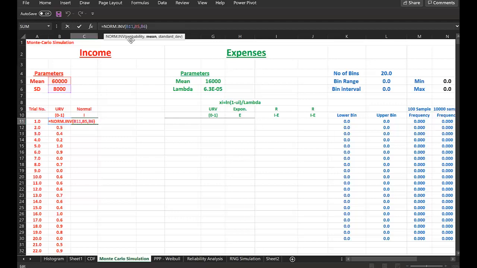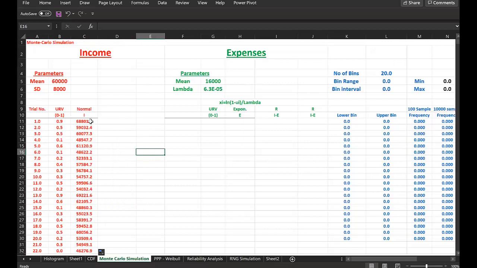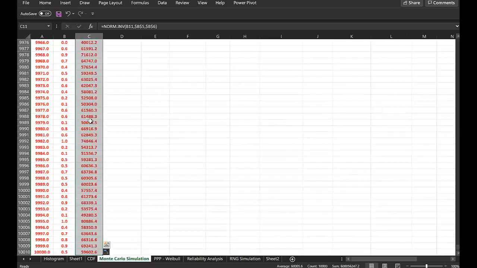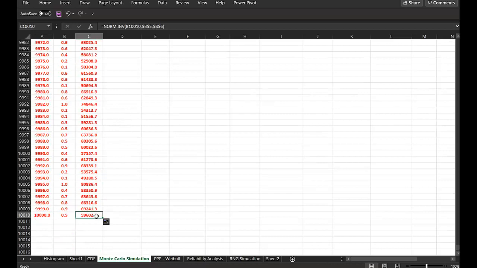B5, this cell I have to freeze, so let's put a dollar sign before this, and B6 again I can fix. So this is the normally distributed random number, and if I double click, this will generate all the random numbers up to 10,000. To check, let us press Ctrl Shift and the down arrow key, and you will see all these numbers have been generated.